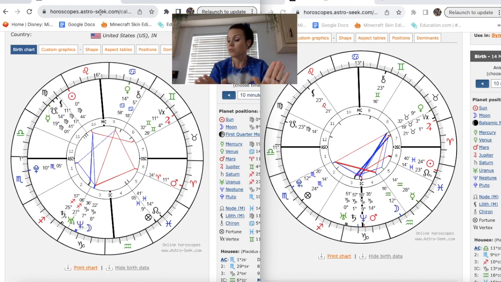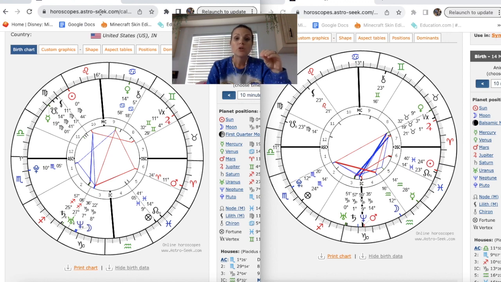First, we're going to talk about the big three, obviously. The big three is the basis of all things in astrology for a person. Looking at the sun sign, the moon sign, and the rising sign or the ascendant.